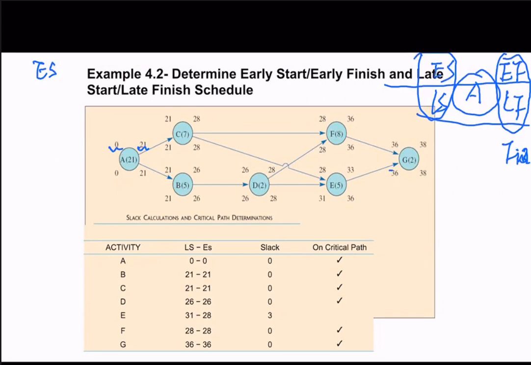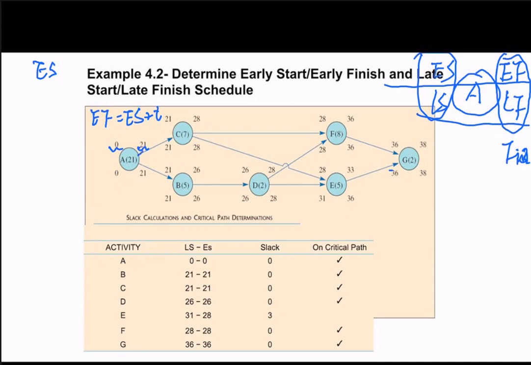And the earliest finish time equals ES plus T. So equals 0 plus T. T is the estimated time for activity A, so it would be 0 plus 21. It will be 21 as the earliest finish time.